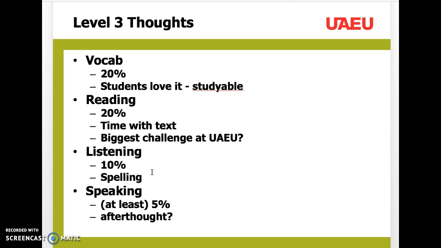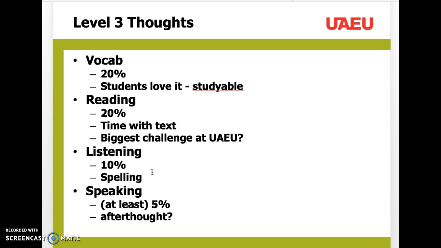We just caution you to be careful spending too much time on vocab, because it is a skill that students can work on out of class, perhaps more easily than the reading and the listening. So we encourage teachers to make sure that students are self-accessing their vocab words.